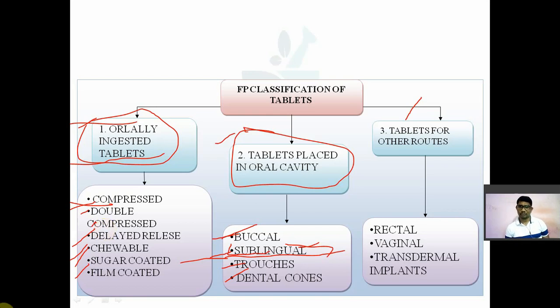Okay, now tablets used in other routes. For example, there are rectal tablets, sometimes also known as tablet suppositories. Rectal tablets are meant for insertion into the rectum. Then vaginal tablets: mostly antibiotic, antibacterial and antifungal drugs are formulated as vaginal tablets. Because in case of females, the female urethra is shorter than the male urethra.